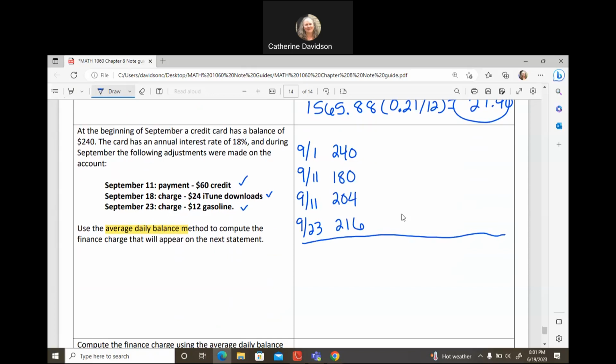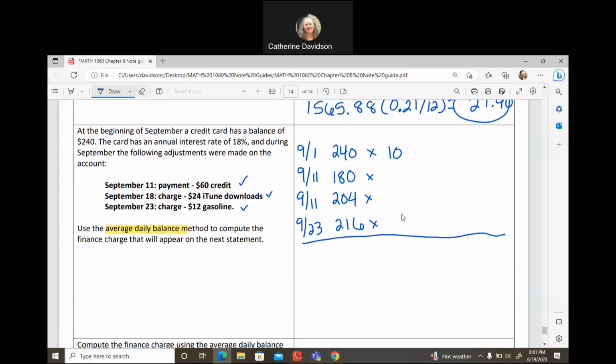All right. So we need to figure out from the first, now on the 11th, the balance changed to 180. So the 1st through the 10th, the balance was $240. So for the first 10 days of the month, the balance was $240.